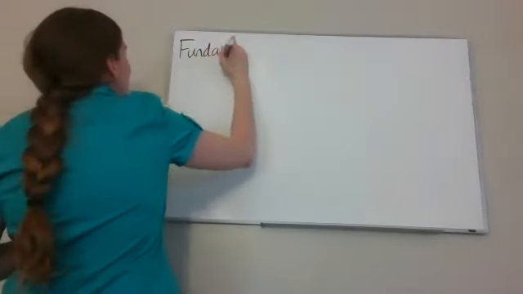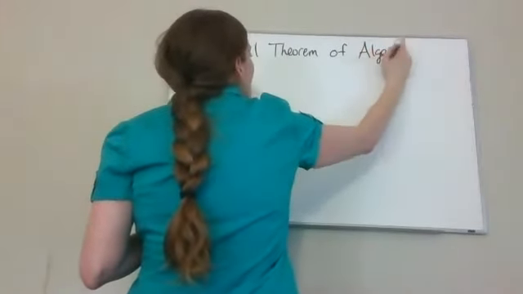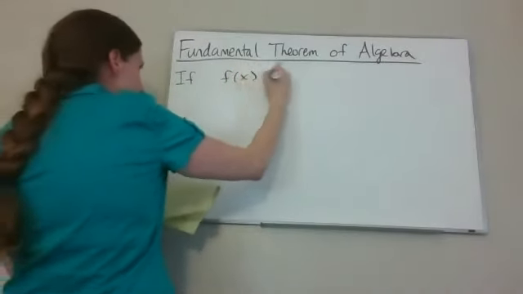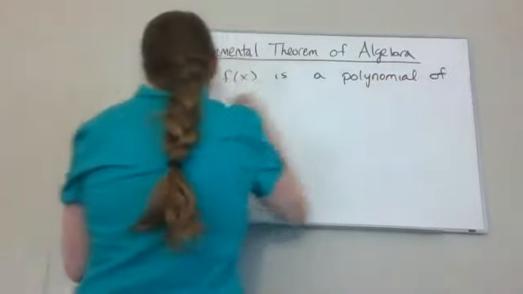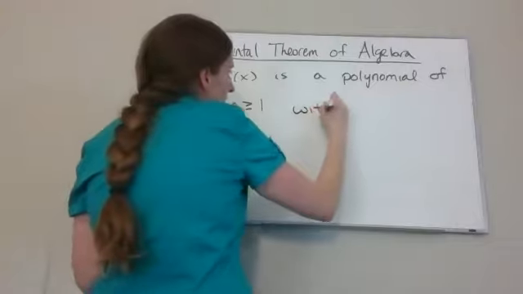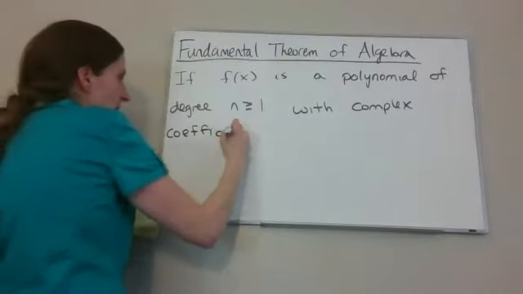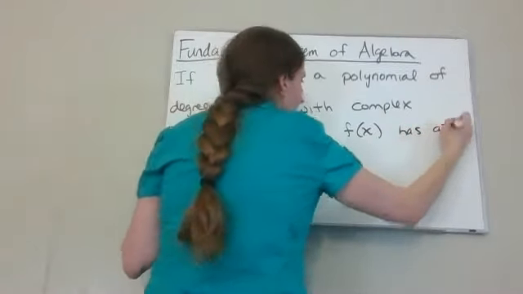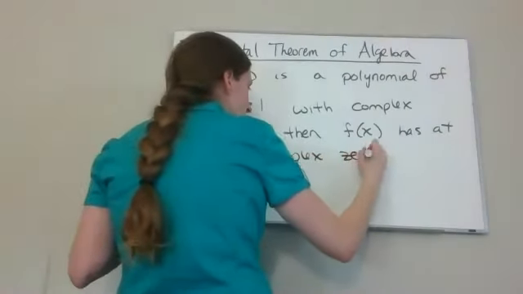So, the fundamental theorem of algebra states that if f of x is a polynomial of degree n, which is bigger than or equal to 1, and this polynomial has complex coefficients, then f has at least one complex zero.